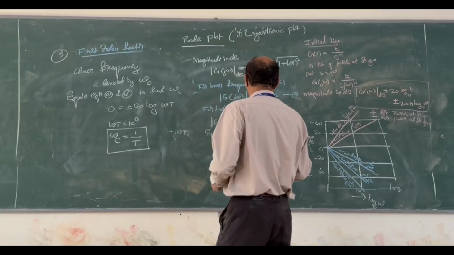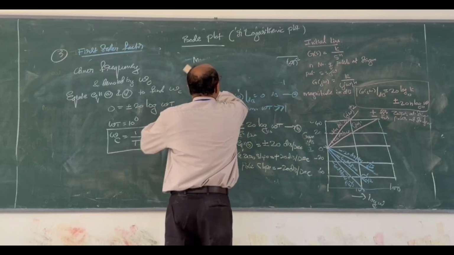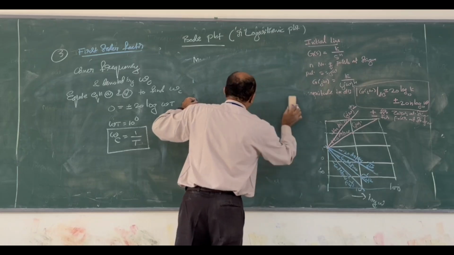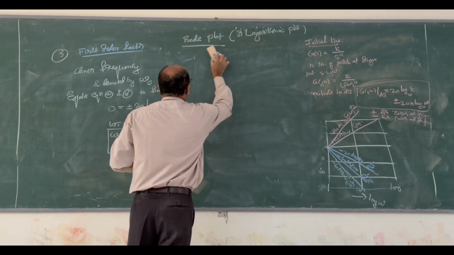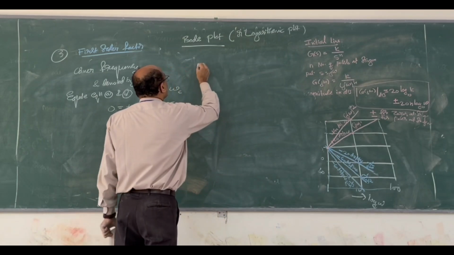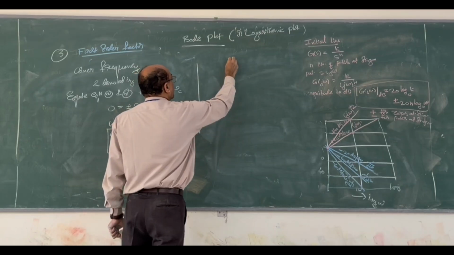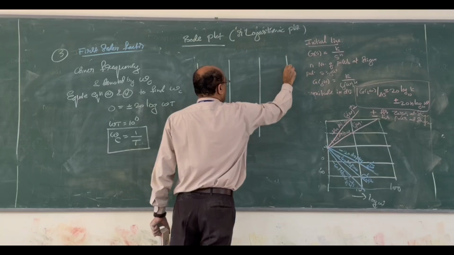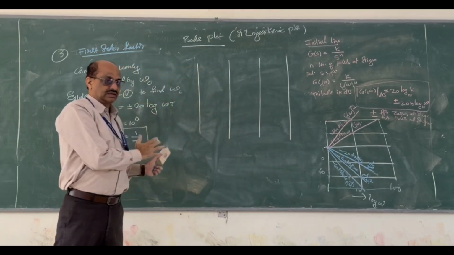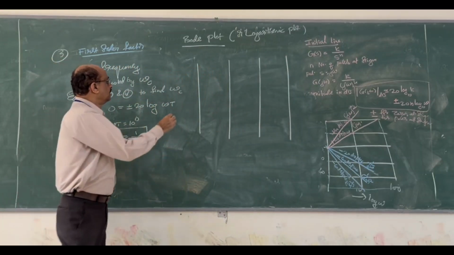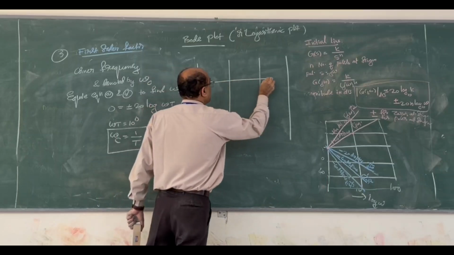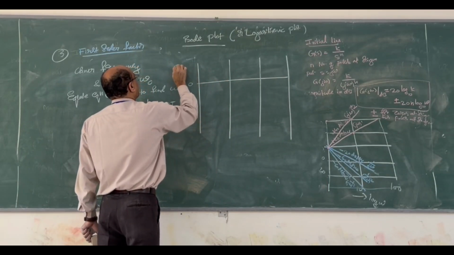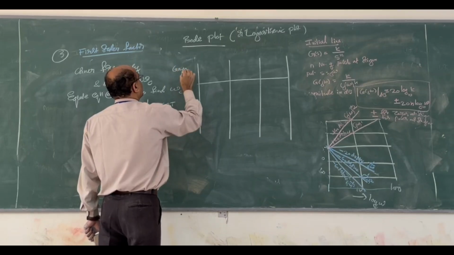Omega t equal to 1. Take this, and again I call that zero gain in dB.